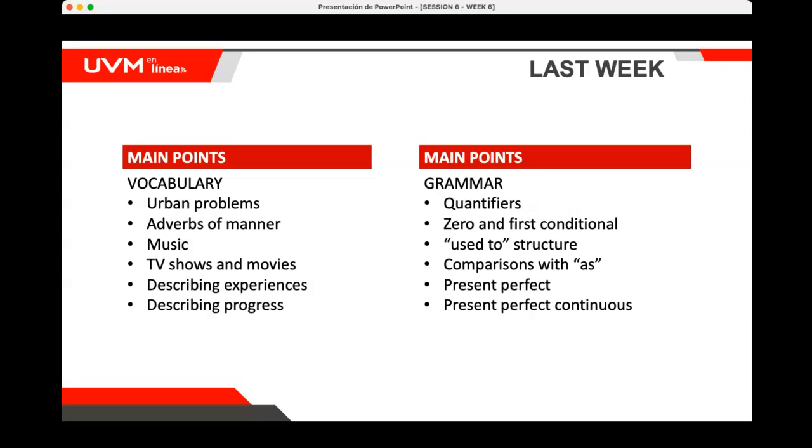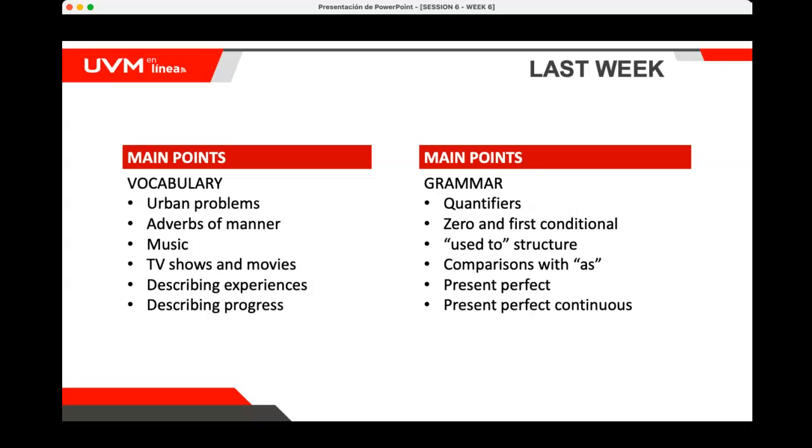And I think, again, this was a very important topic because you reviewed the difference between the simple tenses and the continuous tenses, okay? And this is very important for us because, as I told you in that class, you really need to be aware of the three ways in which we can talk about verbs.